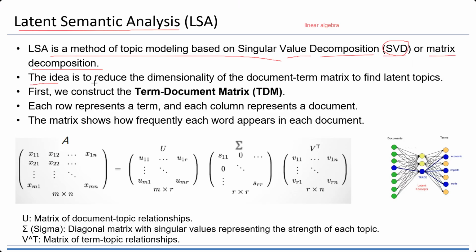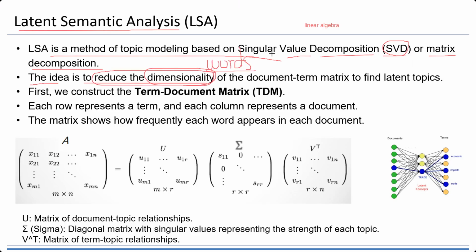The idea is to reduce the dimensionality. It means the attributes. As we know, when you deal with words, there will be a lot of words in one document. In order to fit with the algorithm, in order to do the calculation, we need to reduce the dimension.